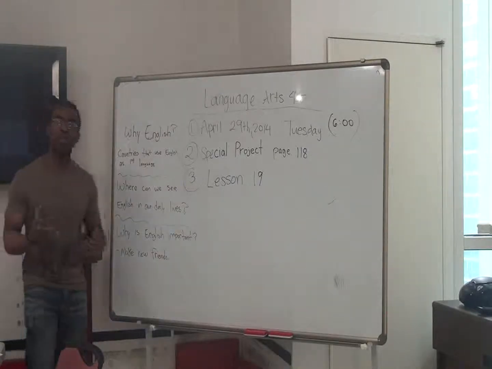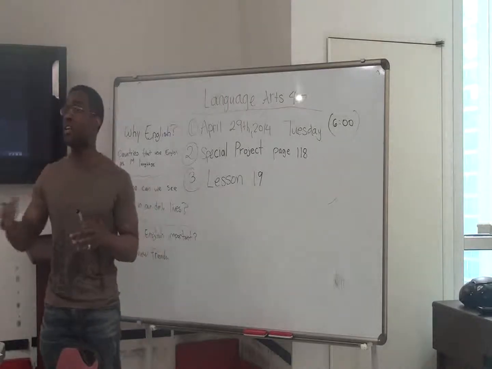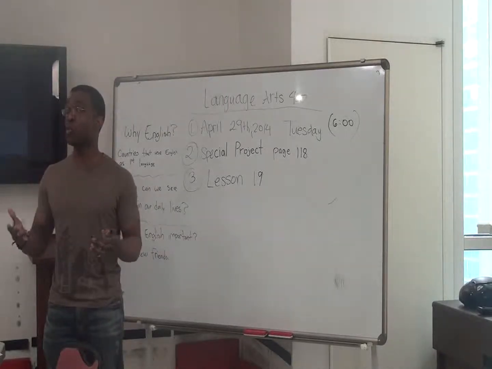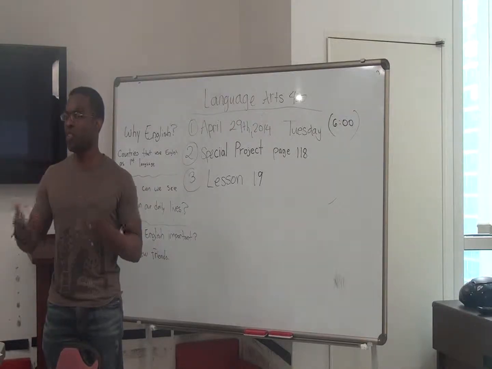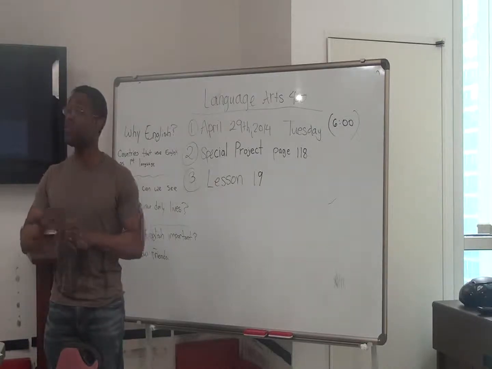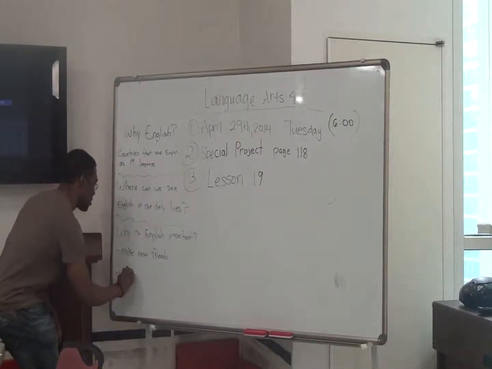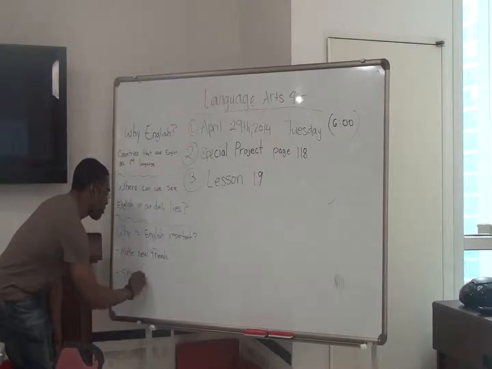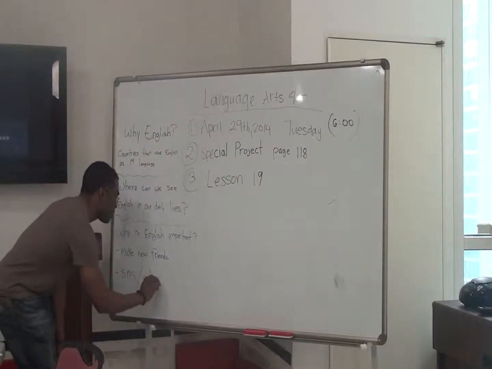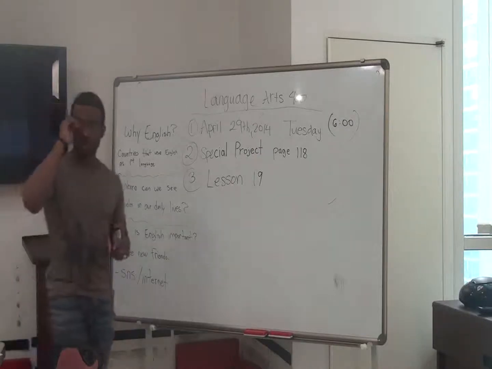Okay? We can use English to access information very quickly. How can we access information really fast using English? What can we use? We use Facebook, very good. We can use SNS, social networking services, or we can also say that we can use the internet, or Cyworld.